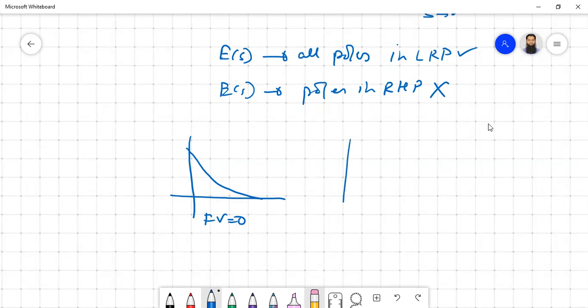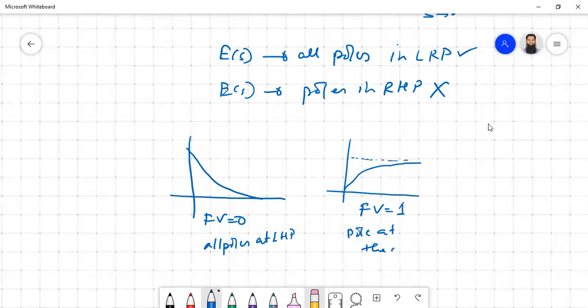Now if you have a pole at the origin, the step response will be approaching the value 1. So in that case, the final value will be 1. So these two cases are all poles at the left half plane, and a pole at the origin.